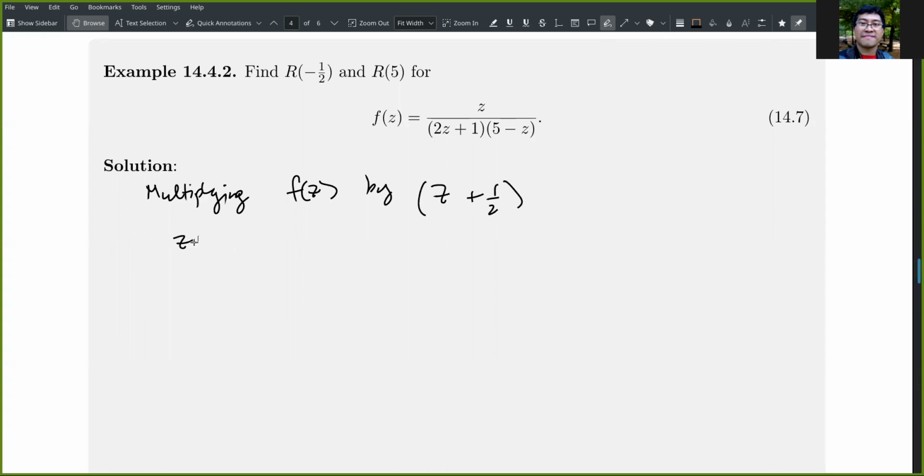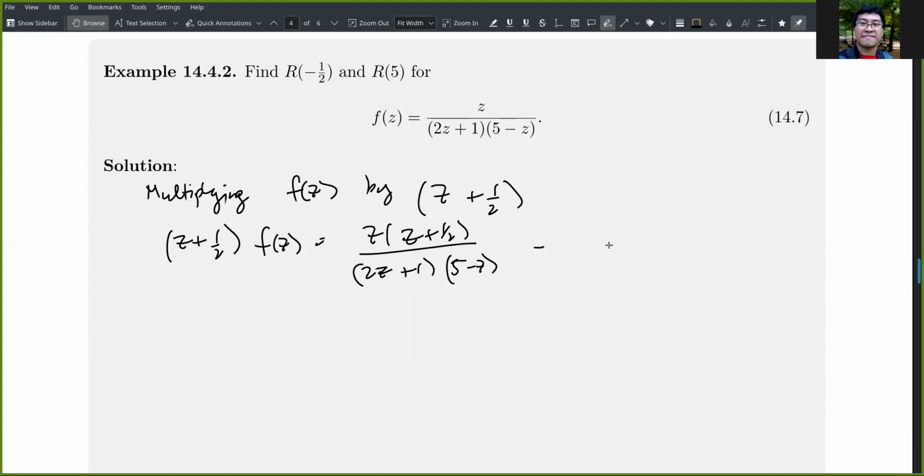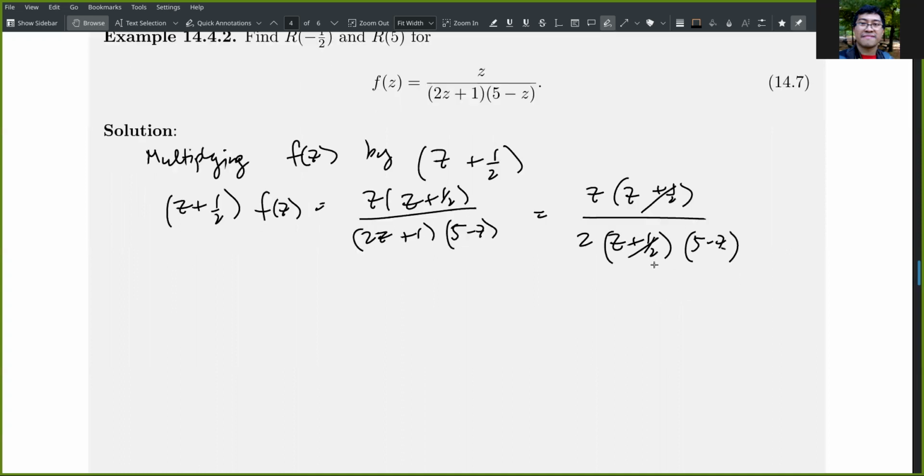That would give you (z plus 1 half) f(z) equals z times (z plus 1 half) divided by (2z plus 1)(5 minus z). Let's factor out this 2 in the denominator: 2 times (z plus 1 half)(5 minus z). So the z plus 1 half cancels.